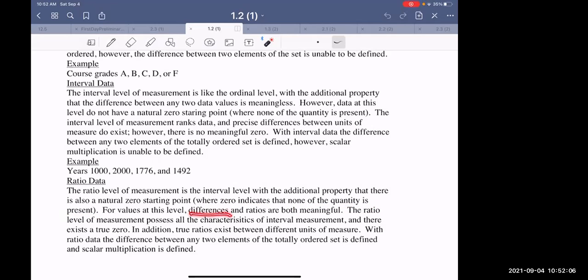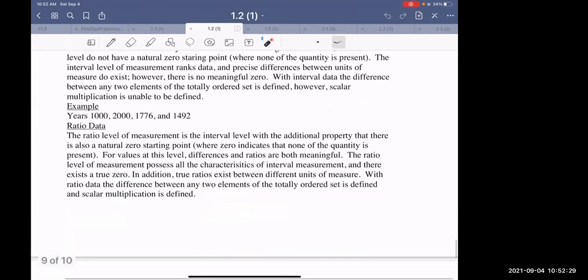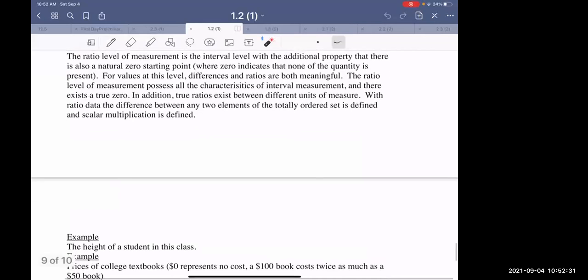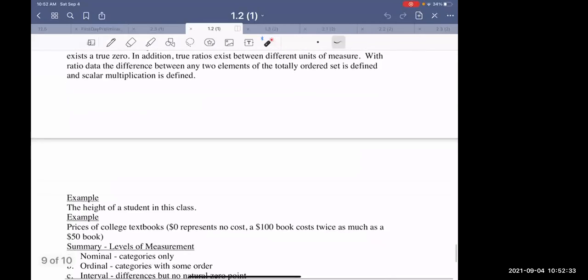So both differences and ratios are meaningful, and there exists a true 0. With ratio data, the difference between any two elements of the totally ordered set is defined, and so is scalar multiplication. An example would be height of students.